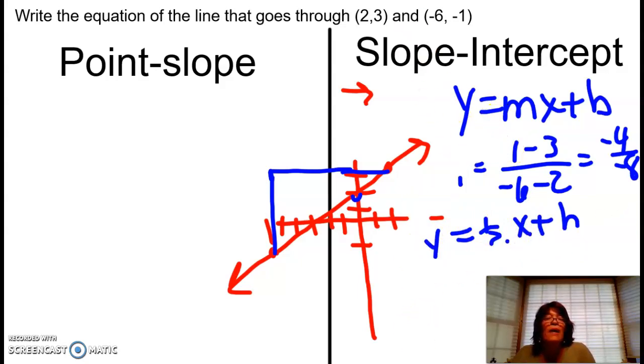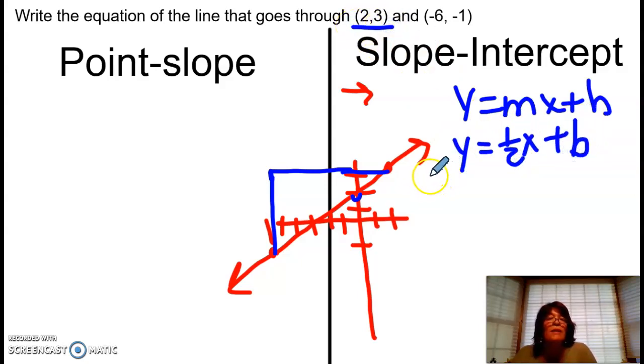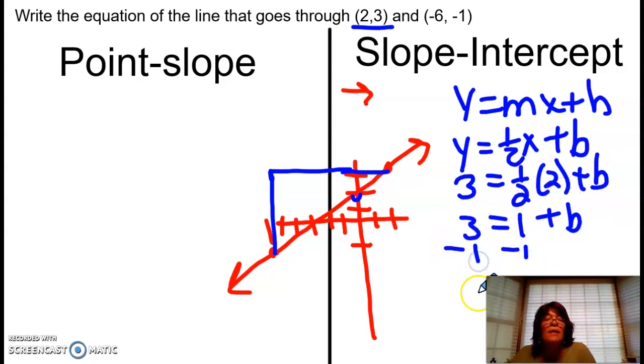Okay, so I have y equals mx plus b. y equals a half, I know that for sure, a half x plus b. I'm going to pick the point (2, 3) because I don't feel like dealing with negatives. I'm going to put 3 in for the y coordinate. I'm going to put 2 in for the x coordinate. And I'm going to get 3 equals 1 plus b, because half of 2 is 1. I'll subtract 1, and now I see that b equals 2.